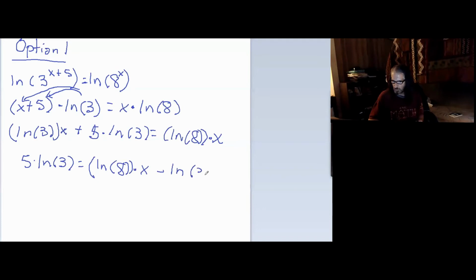So I'll subtract the natural log of 3 times x from both sides.